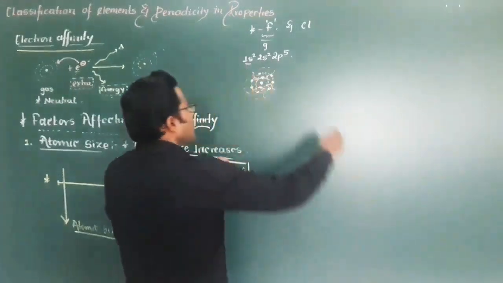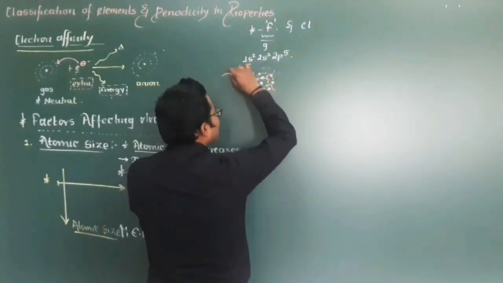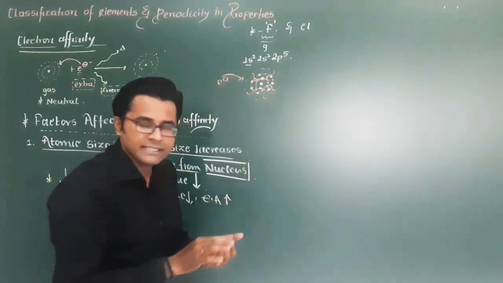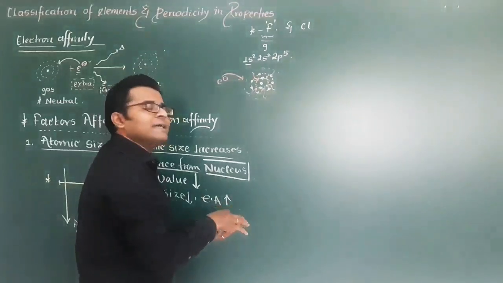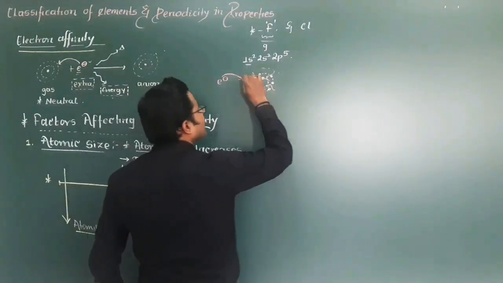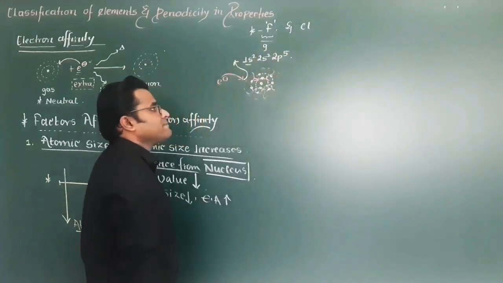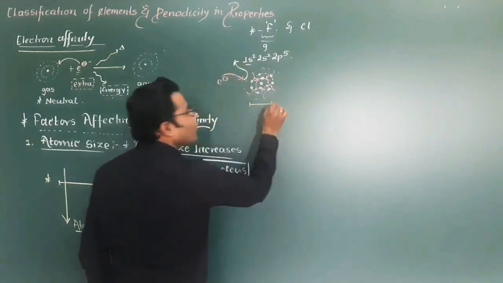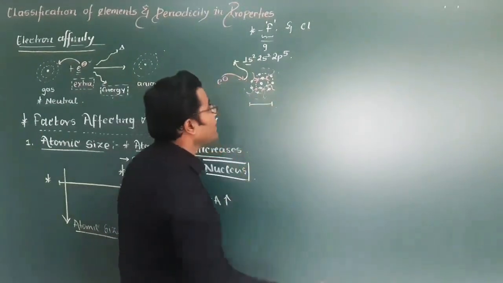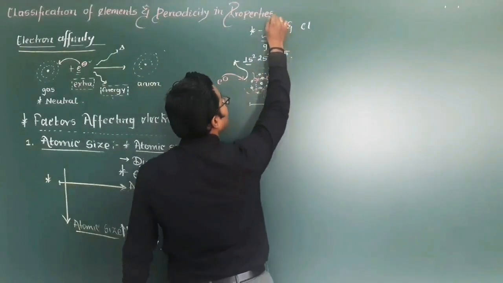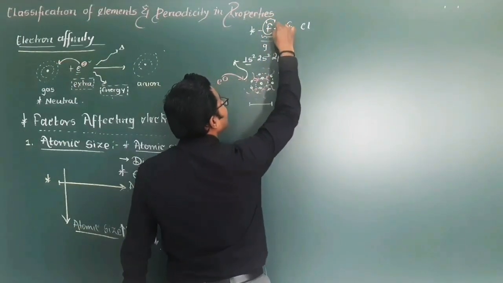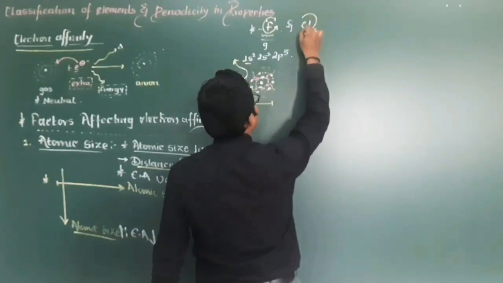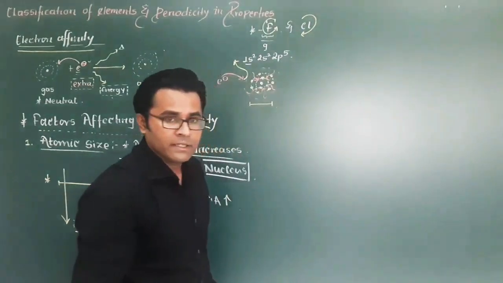So any incoming electron, whenever we try to put an electron in this case, is not accepted, rather it is repelled back. Due to this, the electron affinity value of fluorine is less. Remember, the electron affinity value of fluorine is therefore less when compared to that of chlorine.